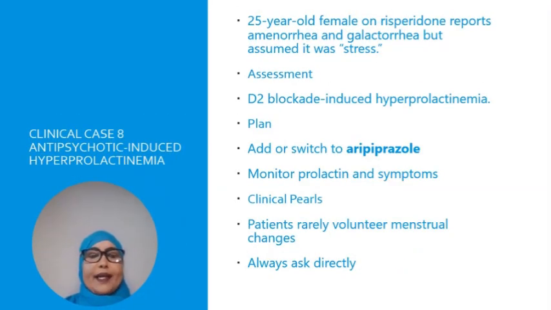Our 8th clinical case study is a 25-year-old female on risperidone, and she reports amenorrhea and galactorrhea, but assumed it was stress.